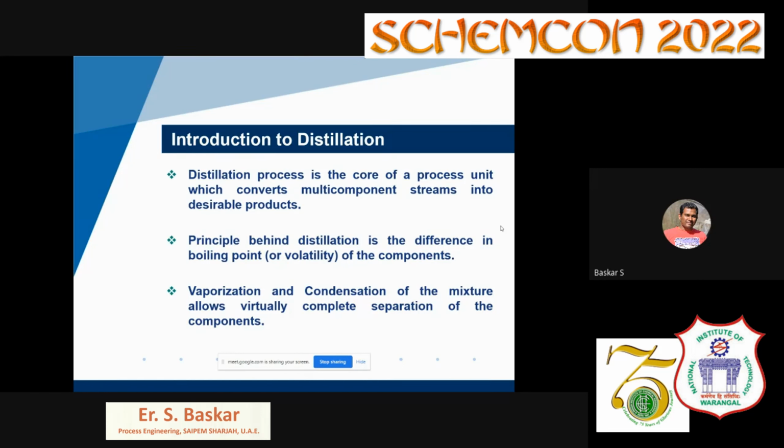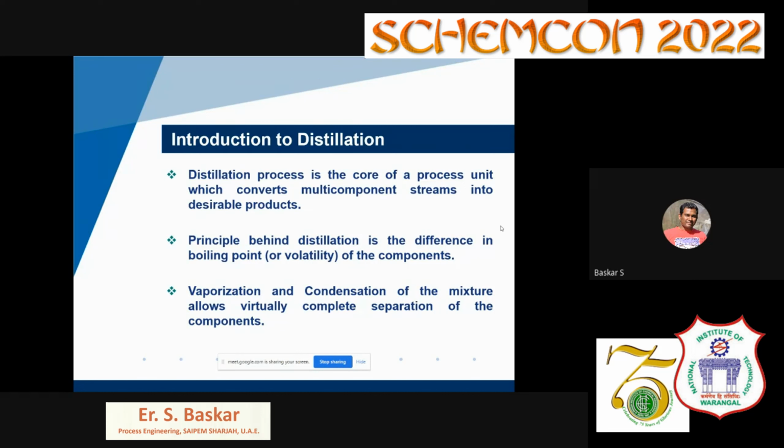You can take any petrochemical product in the market now. Definitely all these products would have come through the distillation process. So you can imagine how important the distillation process is in process design, because almost all refineries and all petrochemical plants will definitely have a distillation process in order to make the desirable product.